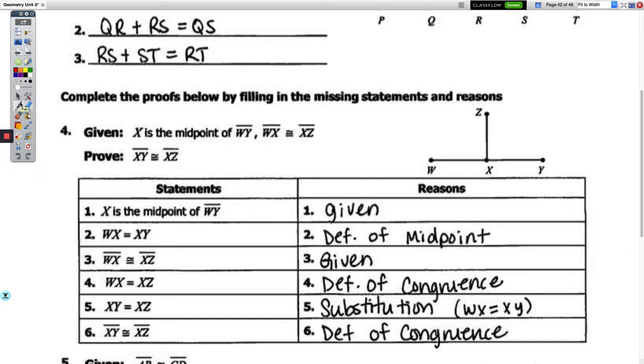Now, let me explain one thing to you. Your unit test on Thursday will basically have a property bank. So this will be already on there, and then you will have blanks in all of these. And you will drag and drop whichever definition or property or postulate goes in these.